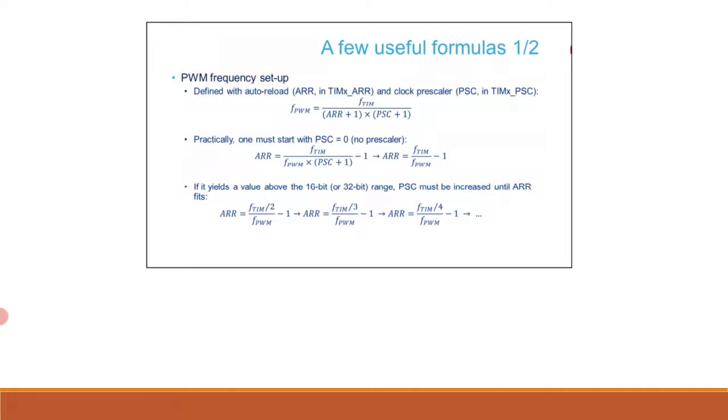Then an ARR value equal to the timer clock frequency divided by 3 over the PWM frequency, the whole minus 1, and so on up to the point where the ARR value fits within the programmable range. Is this clear?